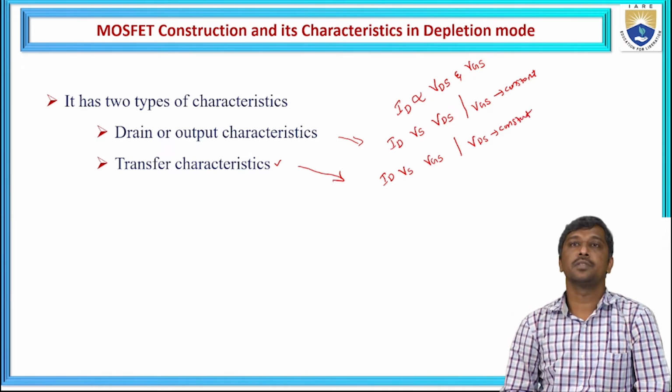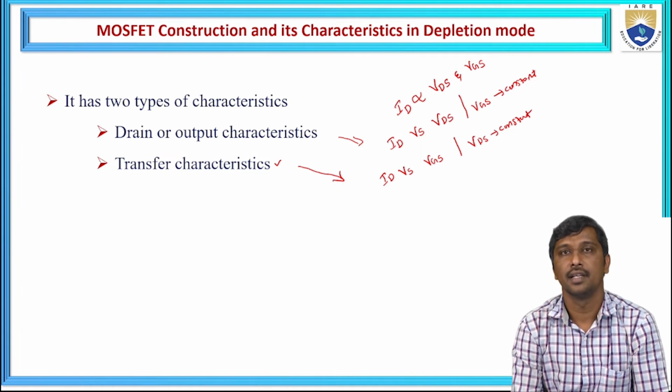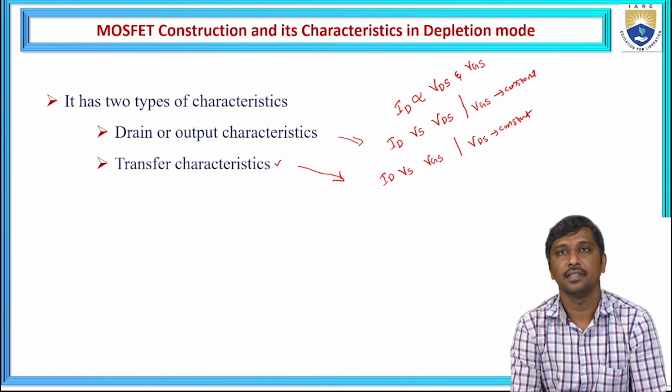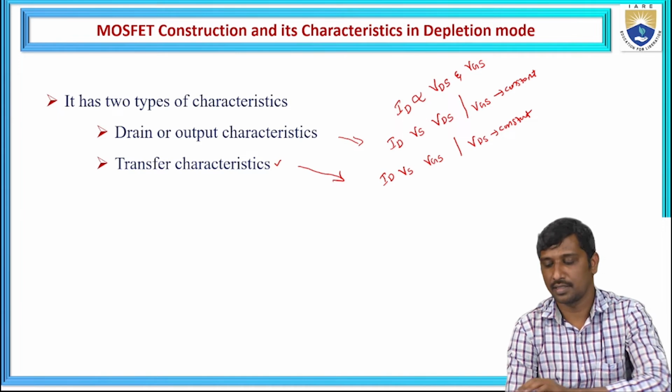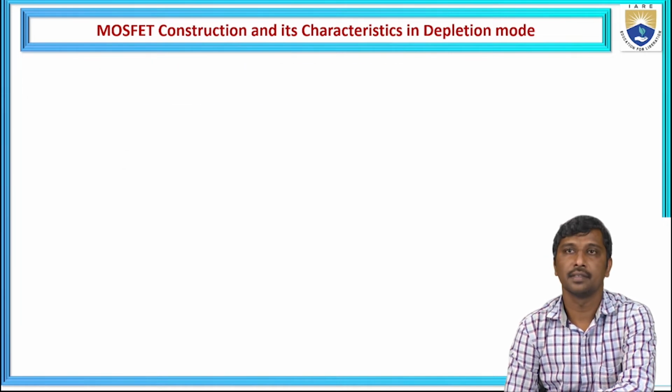So these are the principles to identify the two types of characteristics, either the drain characteristics or the transfer characteristics. Now we'll see in detail the drain as well as the transfer characteristics.